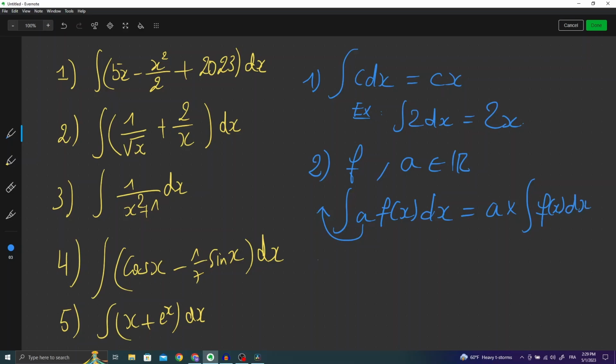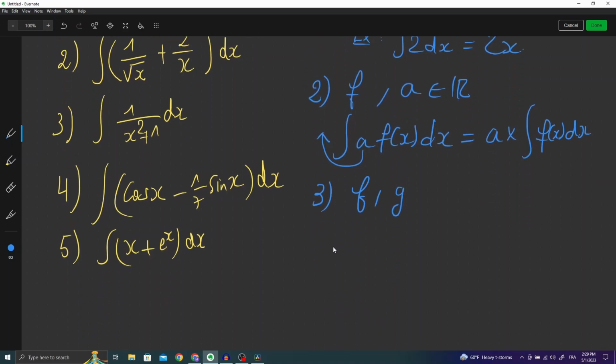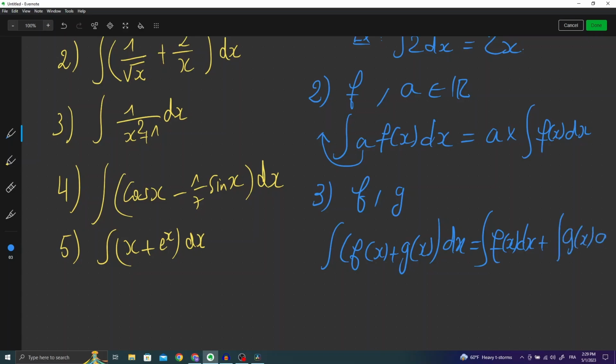The third property is the linearity. If you have two functions f and g, then the integral of f(x) plus g(x) dx equals the sum of the integrals: the integral of f(x) dx plus the integral of g(x) dx.